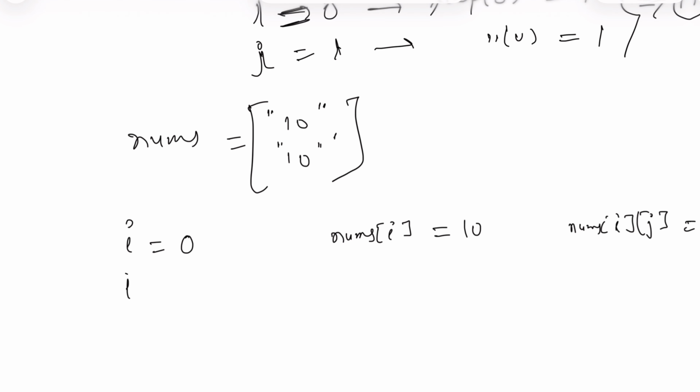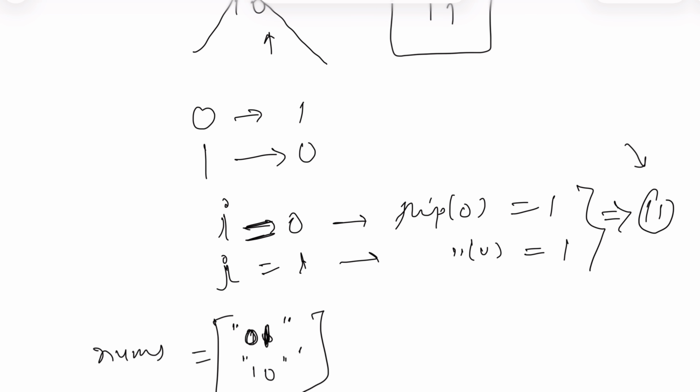If i is equal to 1, this value will become 1 0. Sorry, the first one was 0 1, correct? First we got 0 and 1 like this, and in this case you will get 0. It means every bit you have to flip. If it is 0, we'll get 1. If it is 1, we'll get 0.